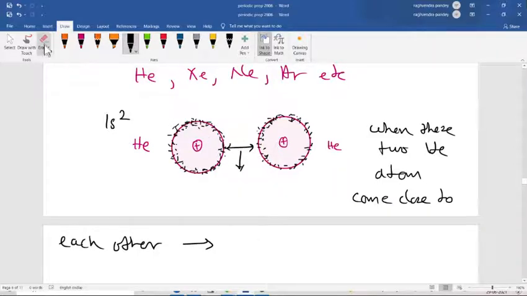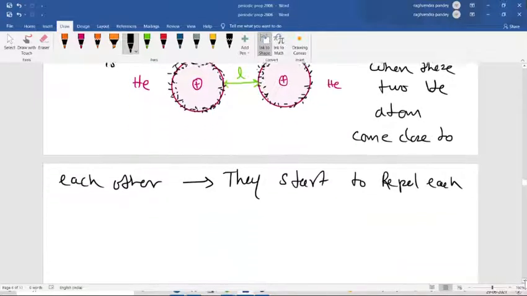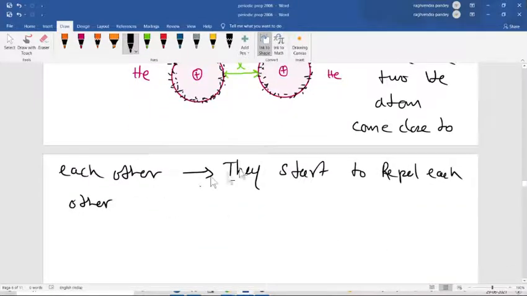Suppose this is the distance L, from the outer 1s radius to the 1s radius. This is distance L. So when they come close to each other, they start to repel each other.